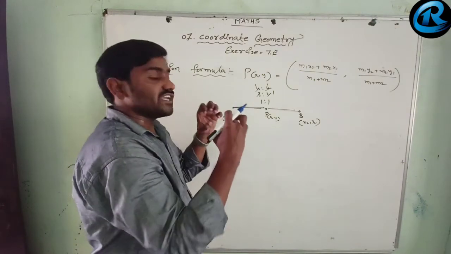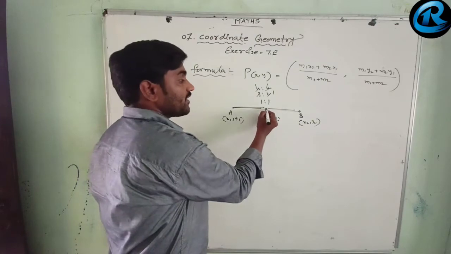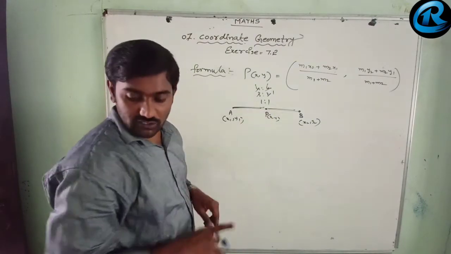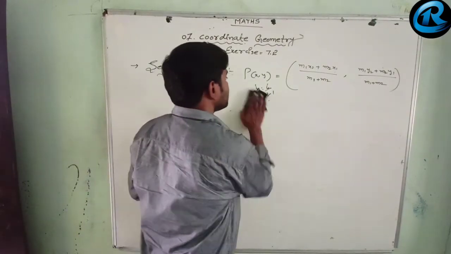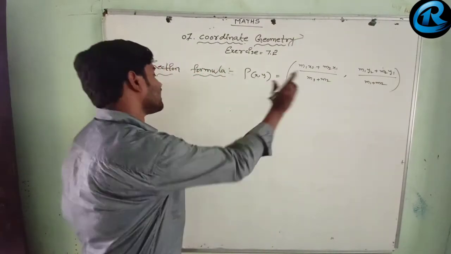If it is dividing in an equal ratio, m1 and m2 are the same, then P is called a midpoint.